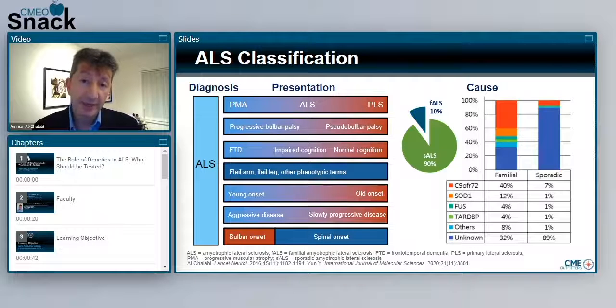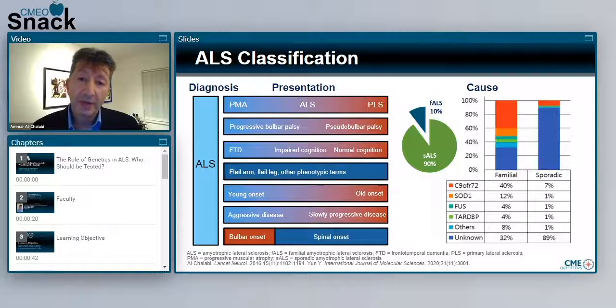But another way of classifying is based on the cause of ALS. And for some people with ALS, we do know the cause because there is a genetic variant that has a large effect and is the cause of ALS in that person. Now, in the past, we used to think that was familial ALS, because it was usually associated with a strong family history. But we now know, with the advent of modern genetics, that even people without an obvious family history can have some of these genetic variations.